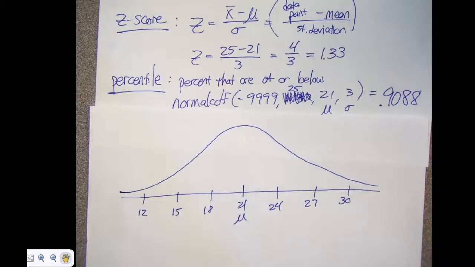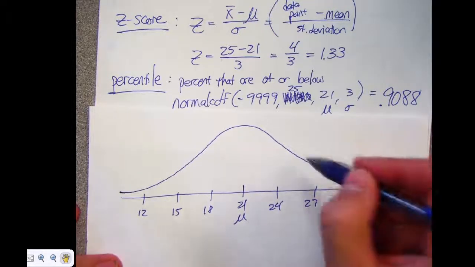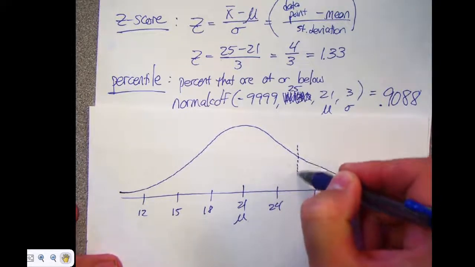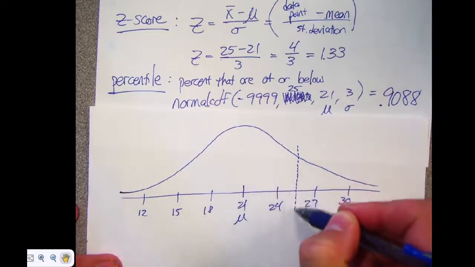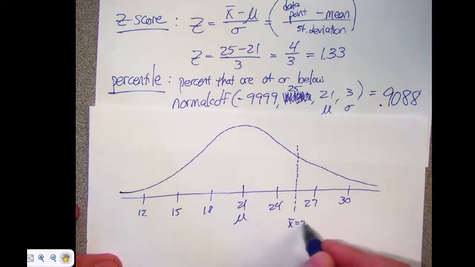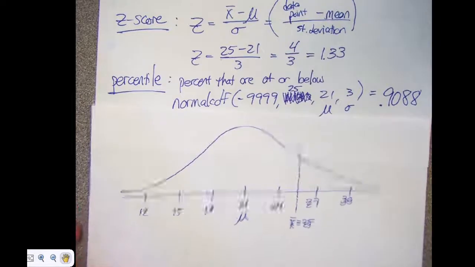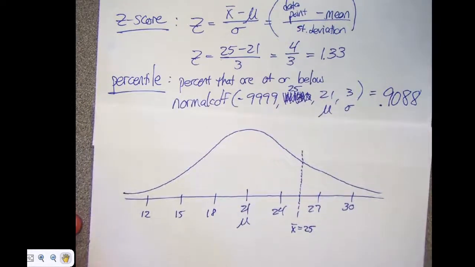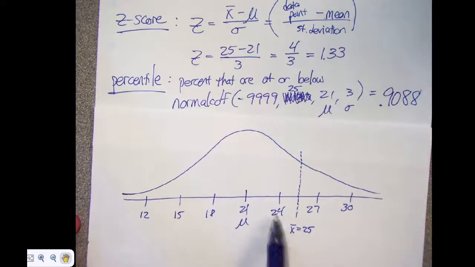Okay. So what I want on your graph, over here is Joe's score. And we need to represent this two ways. One is that x bar equals 25. And I'm going to write that down here below because that's where the raw numbers are: 21, 24, 27, all that. You guys with me back there?